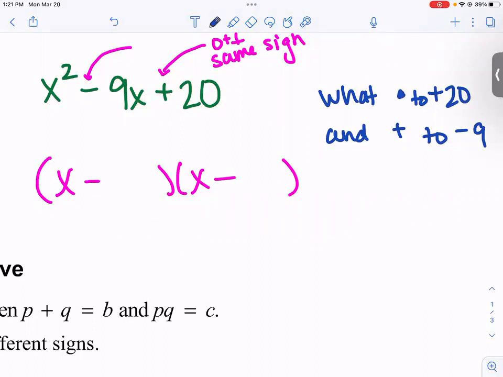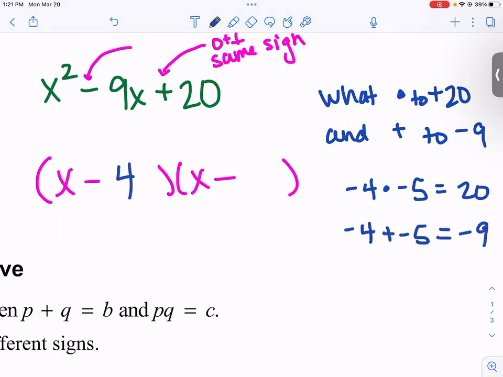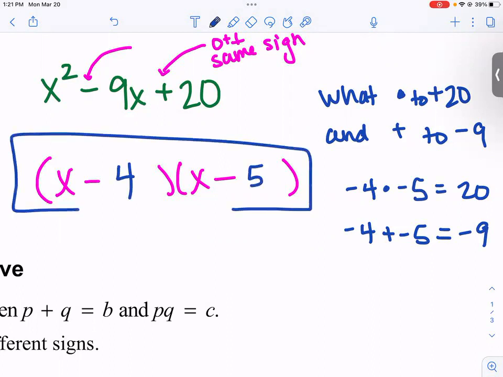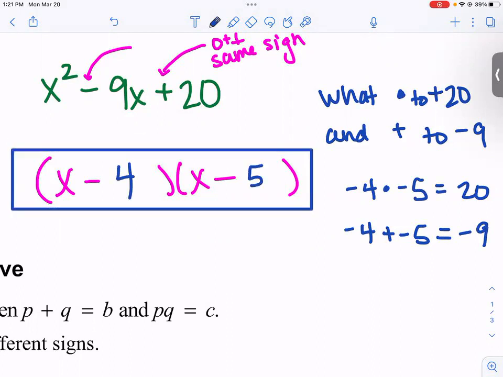I'm going to go ahead and use these negatives in there too. -4 times -5 equals 20, right? -4 plus -5 equals -9. And if we want to check ourselves, we can FOIL and make sure we did it correctly.